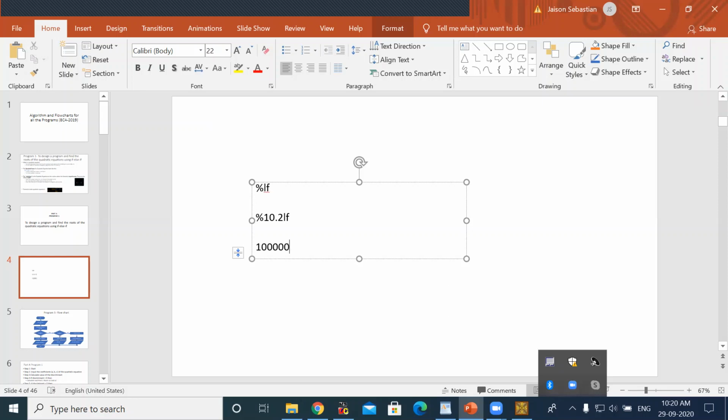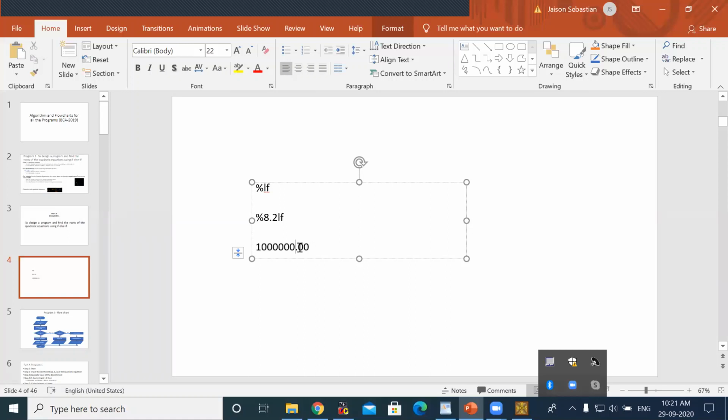So if you are giving some number like this, 10.2 indicates that out of the total number of digits, how many are there? 8, 9, 10. So altogether you can have 10 digits, and 2 will be given for the decimal. Got it? So when we are giving 8 over here, that means you will be able to give only altogether 8.